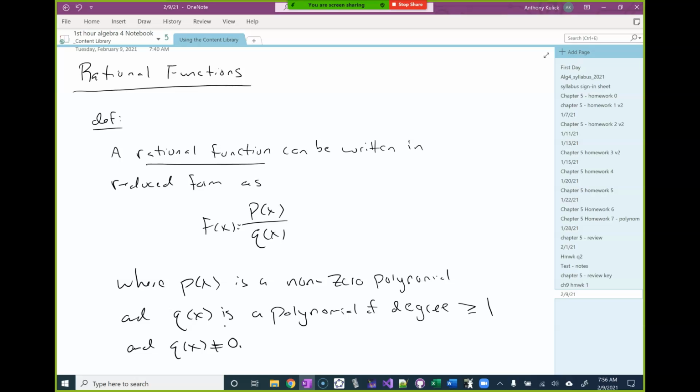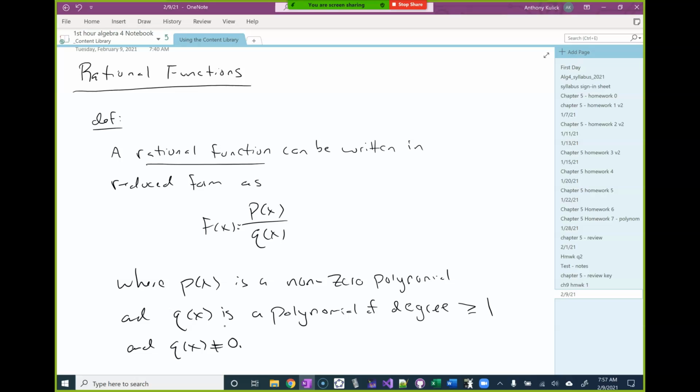It's not a very interesting one, but it still counts. So when we say a rational function, we say polynomial divided by another polynomial. The numerator of that rational function can be anything other than 0, because anything divided by 0 is just 0. We don't want to count that as a rational function. Everybody's okay with that?